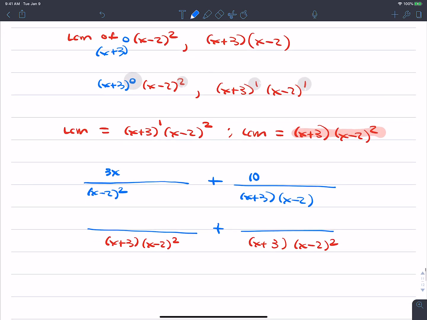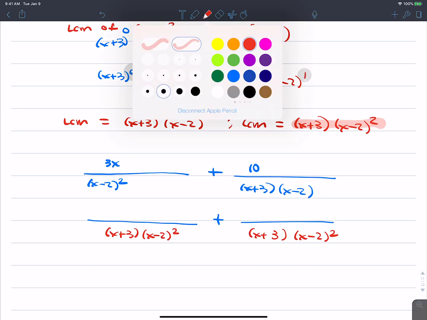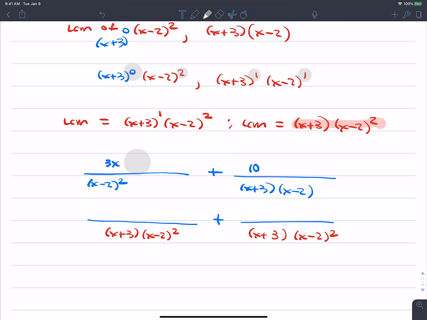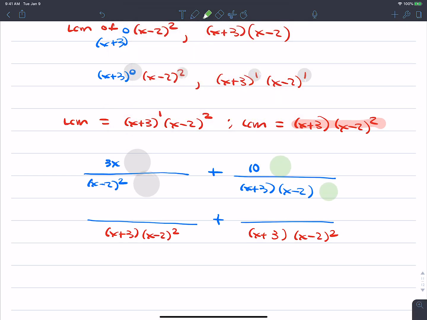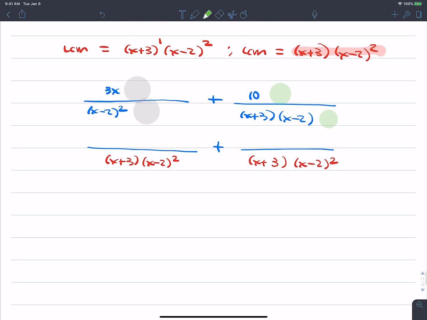Okay. We need a term to multiply top and bottom. We need another term to multiply top and bottom. So we're going to have to find those terms. We just have to look at the LCM here. So x minus 2 squared, we got x minus 2.